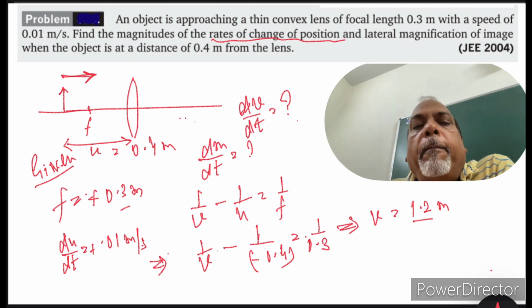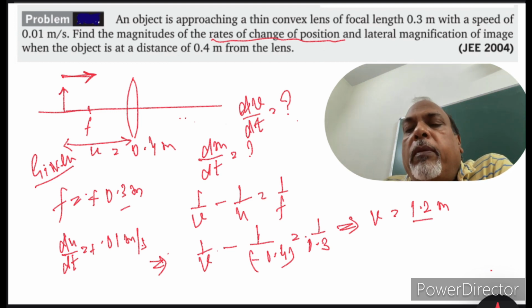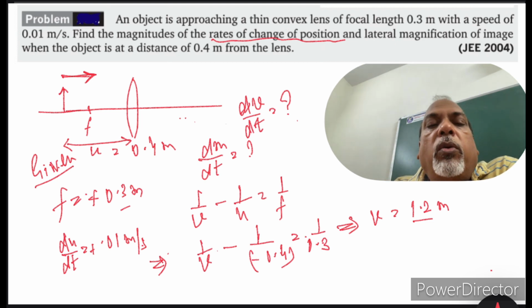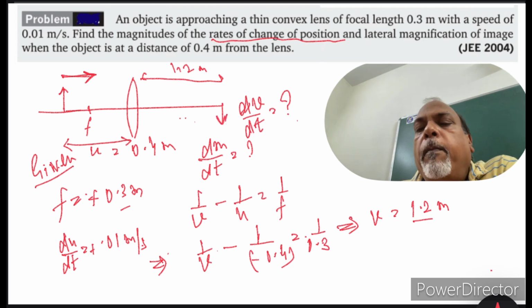Means behind the lens it will be 1.2 meter. Correct? This image will be like this.